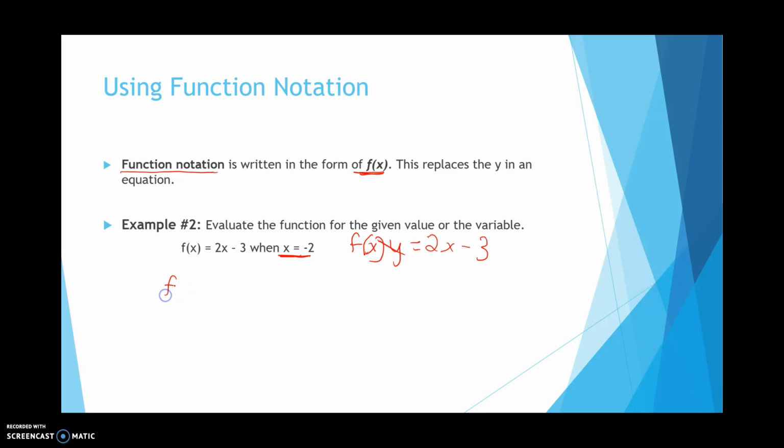So what we have is f of x equals 2 times negative 2 minus 3. Negative 2 times 2 gives me negative 4 minus 3. So my f of x is going to give me negative 7.